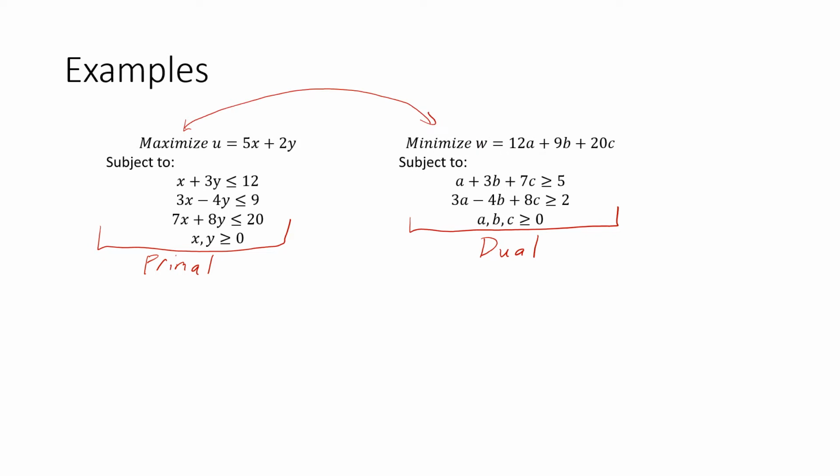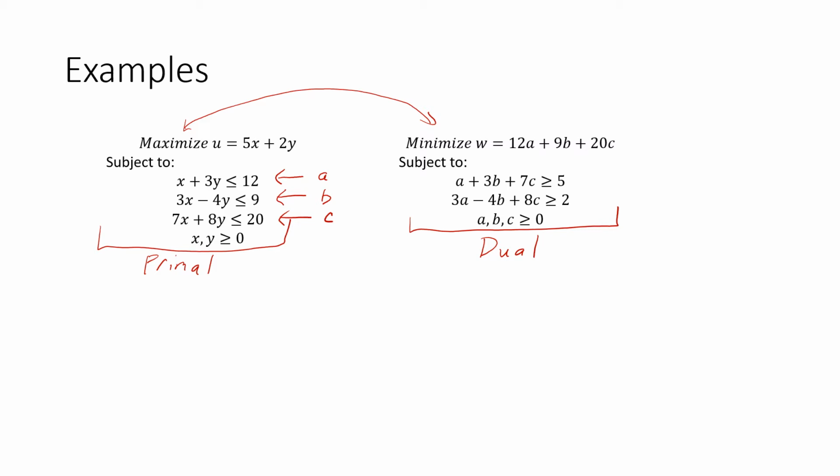And what we are going to do is essentially assign a new variable to each constraint in the program. So this is going to be A, this is going to be B, this is going to be C. Those are my new variables. You can see those are the variables that appear in the dual. And now we start constructing it using those variables.